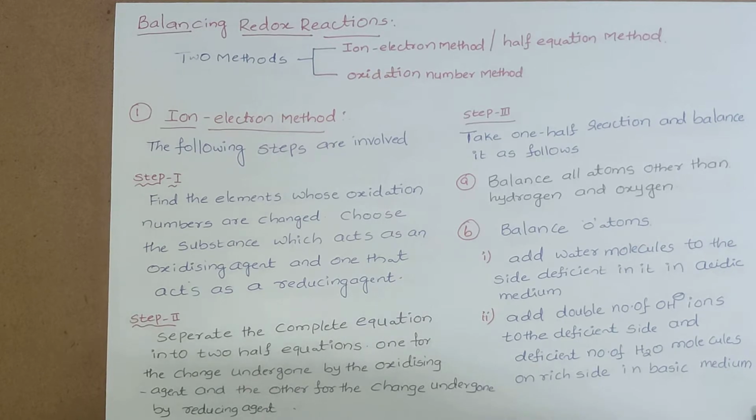After writing the oxidation number on each atom, we can easily find which undergoes oxidation and which undergoes reduction. In step 2, from step 1, we need to separate the two half equations, the oxidation half reaction and the reduction half reaction.